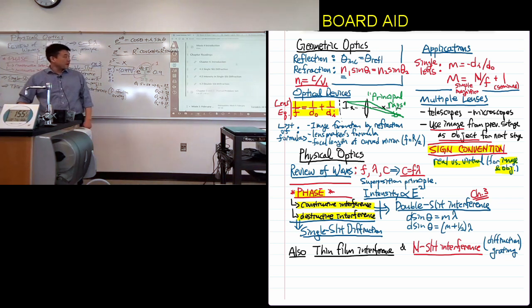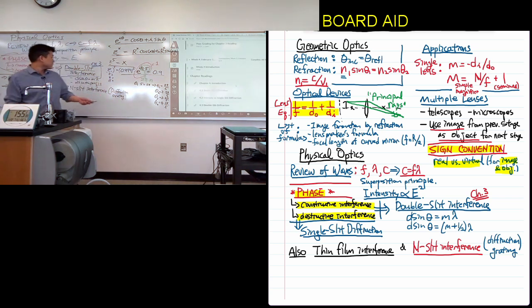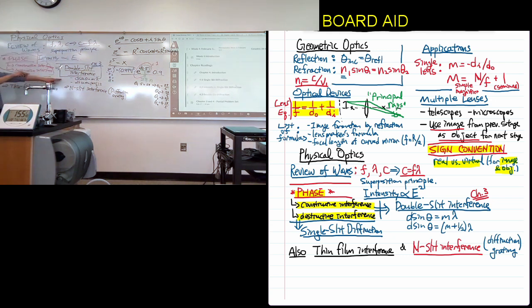I would make sure that I'm familiar with the single-slit diffraction, and what your textbook is calling double-slit diffraction, which is what you saw in the lab last week, a superimposed pattern of both the single-slit diffraction and double-slit interference. So that's all encompassed here: double-slit interference and single-slit diffraction.